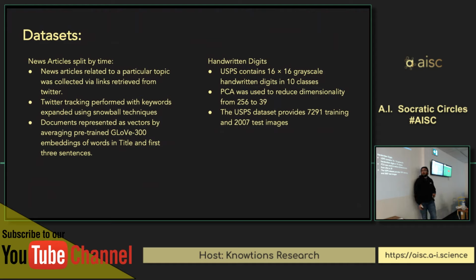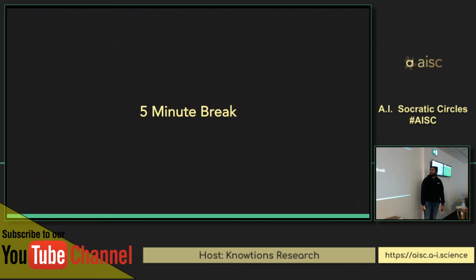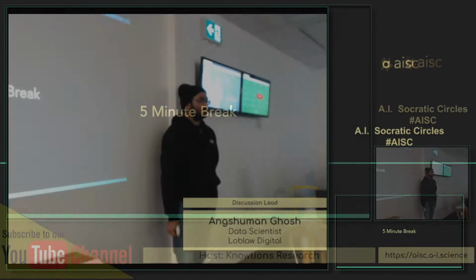They continued doing that. They collected news articles about 3 different topics over about 12 months, and they report results on that. So before we take a break, were there any questions?